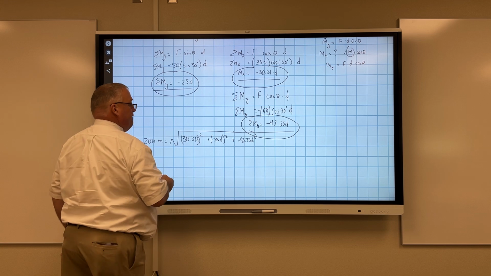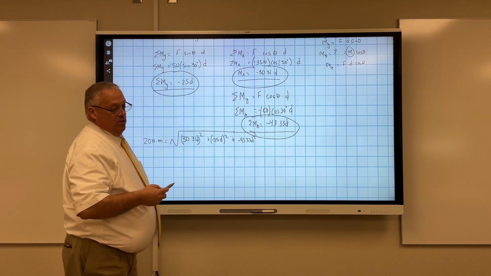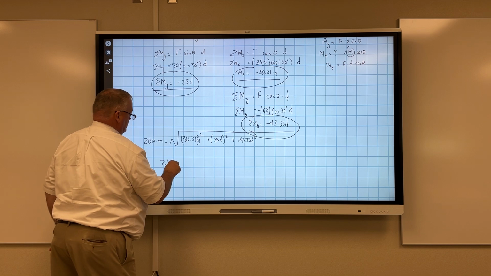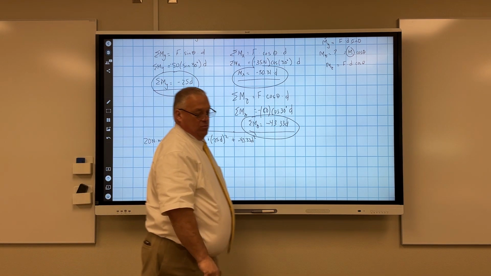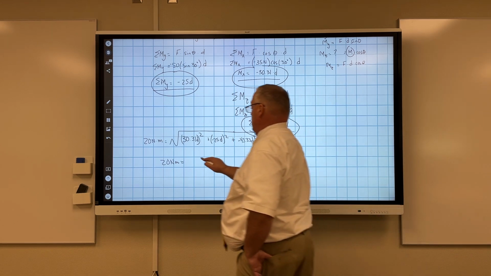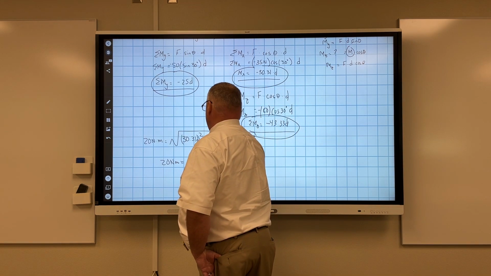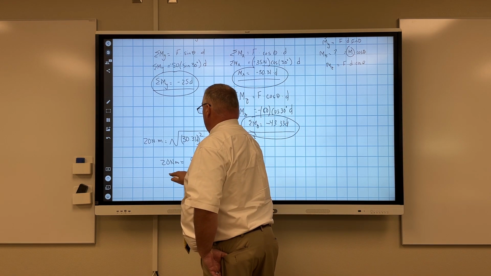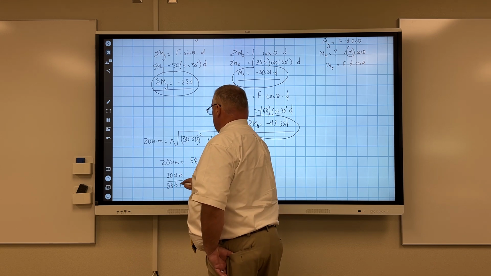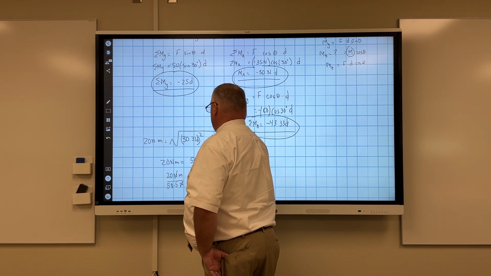And we could solve for that so that 20 newton meters is equal to 58.5 times D. So 20 newton meters divided by 58.5, and that would be newtons. The newtons cancel, and that would be equal to D.